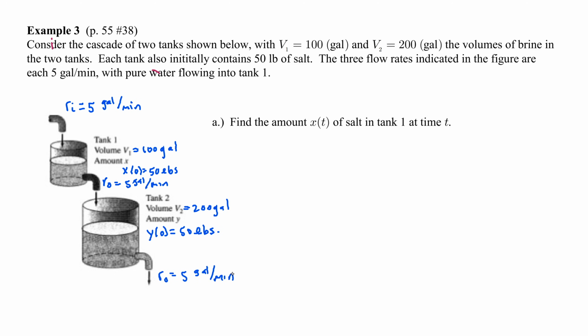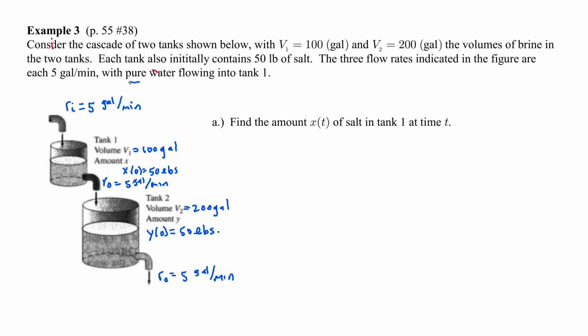Okay, this is good news. If the rate of inflow and outflow is the same for all three spots, that means that the volumes in the tanks remain constant. So V sub 1 of t is 100, V sub 2 of t is 200. We won't have a changing volume function like we did on the previous problem.